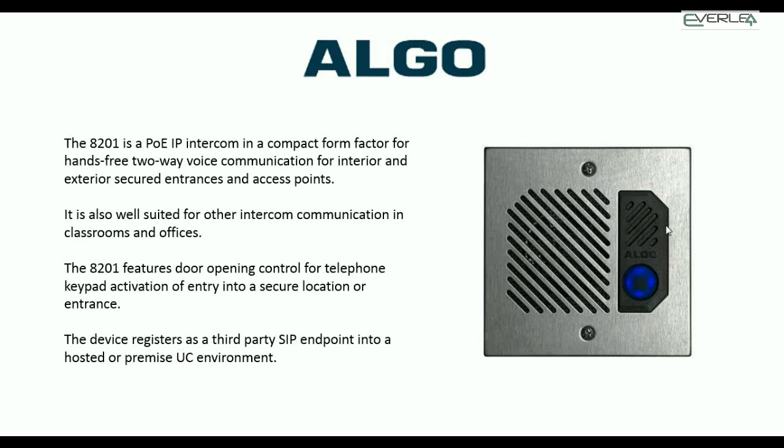So it doesn't matter if you've got a cloud, a local IPPBX or a dedicated building SIP server. As long as it is SIP compliant, not encrypted or proprietary, the Algo 8201 will work on it without any issues.